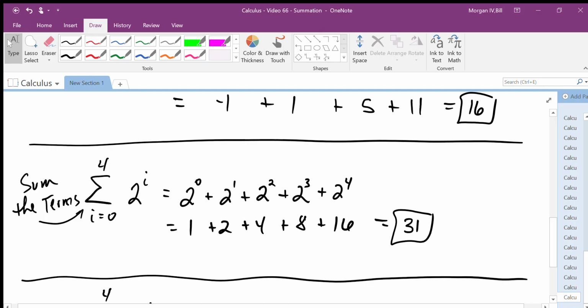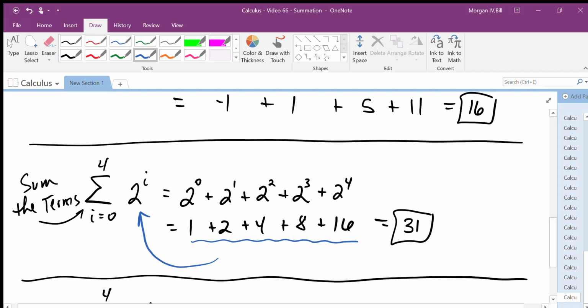And this time, what I want to do is work it backwards, just with the idea that we're trying to become familiar with this summation notation. I'm going to give you the right-hand side, something like 1 plus 2 plus 4 plus 8 plus 16, and I want you to be able to rewrite it as the sum, i equals 0 to 4, of 2 to the i.